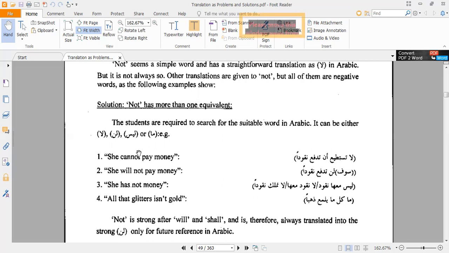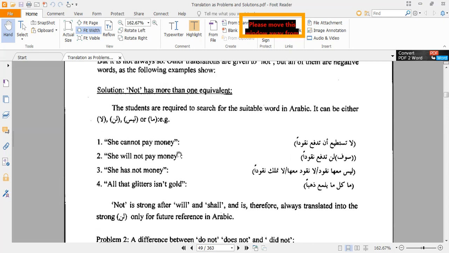But we have a very important note, that lan is a very strong particle for negation, so it is used to render will not and shall not, because will not and shall not are also strong negation, and to keep the emphatic purpose of not combined with will and shall, we render it as lan because we need to convey the same level of stress and negation.